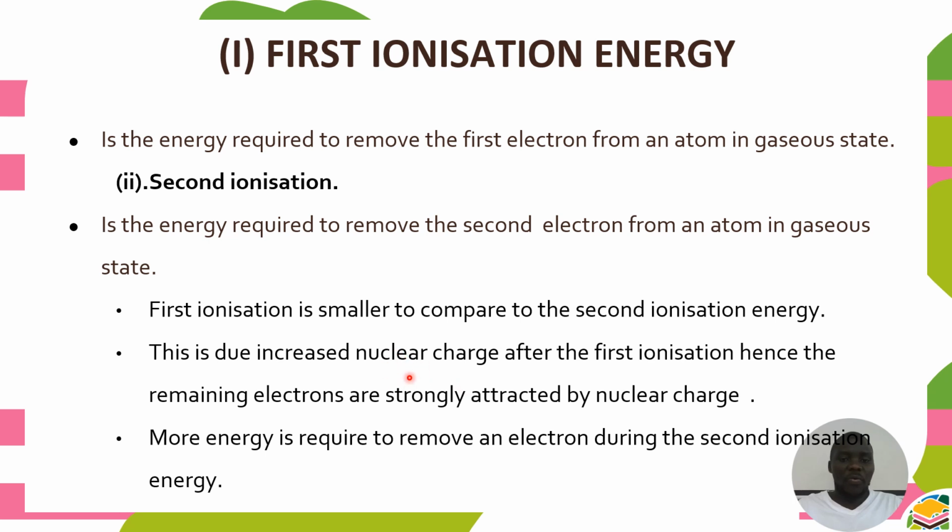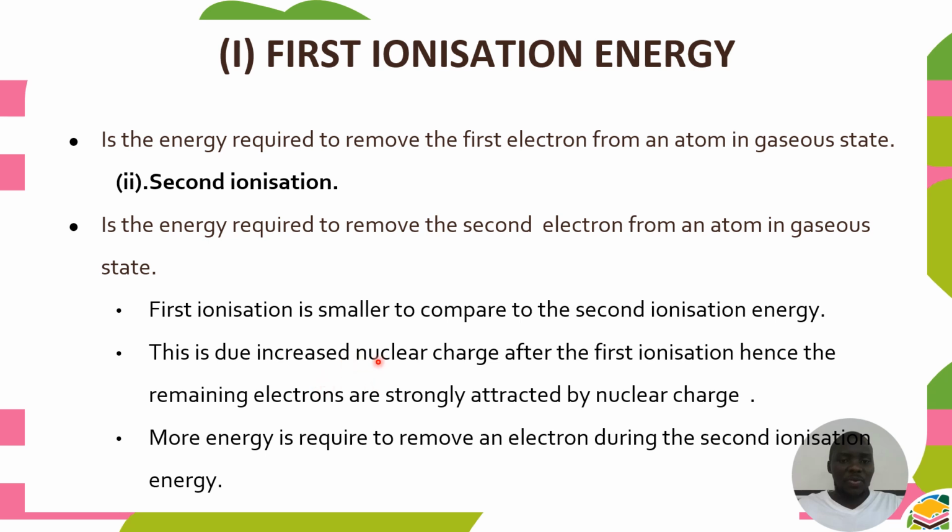All those three will help us understand why there is a difference in the energy needed to remove an electron in the first ionization energy and the second one. If we remove the first electron, what happens to an atom? The nuclear charge becomes stronger than before. Why?